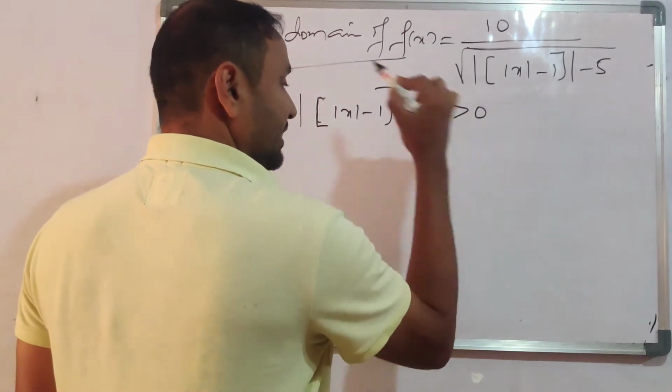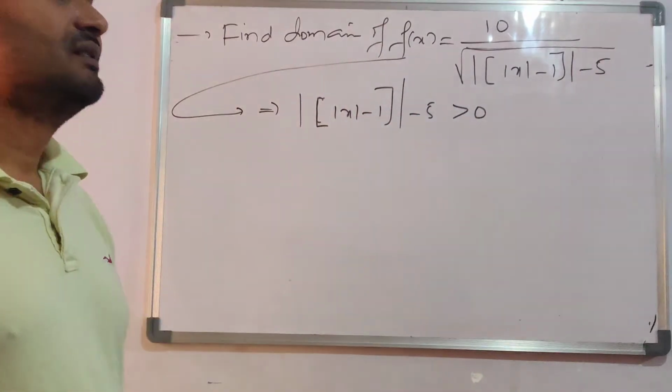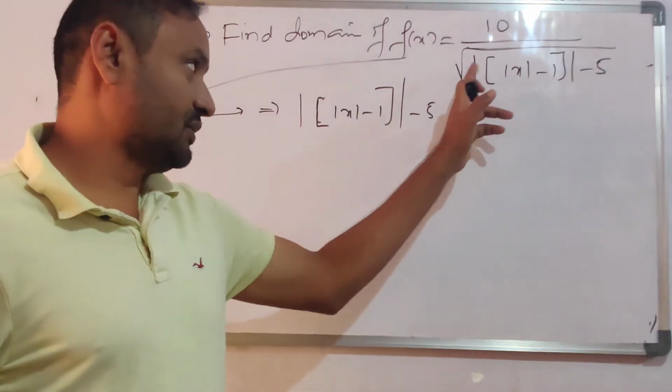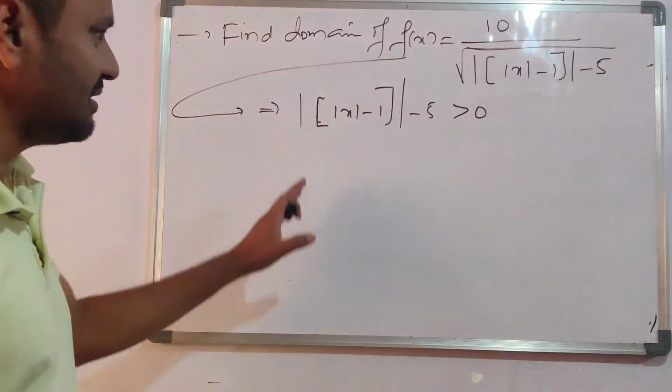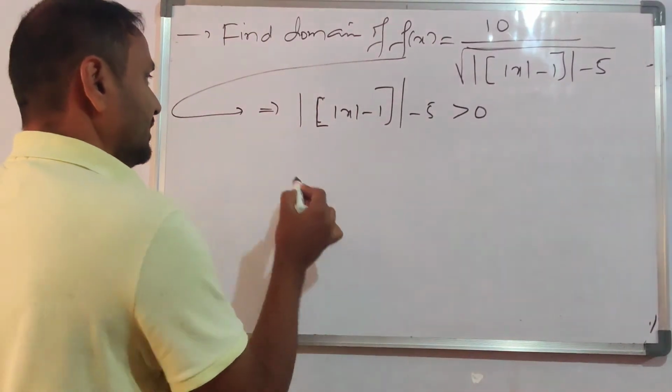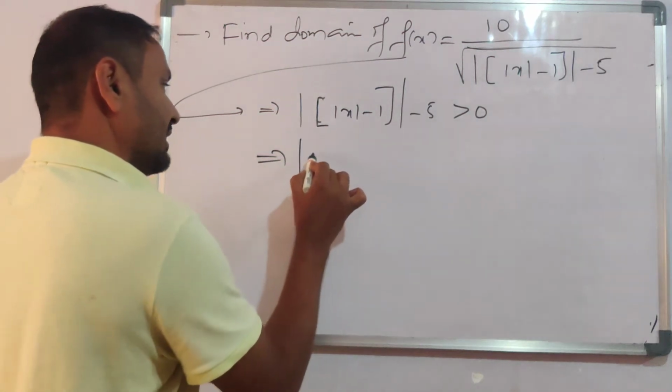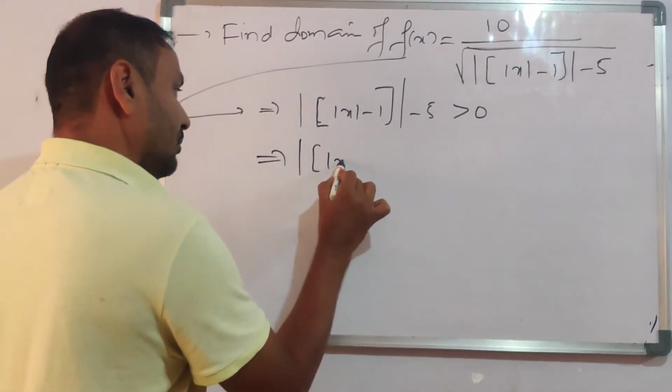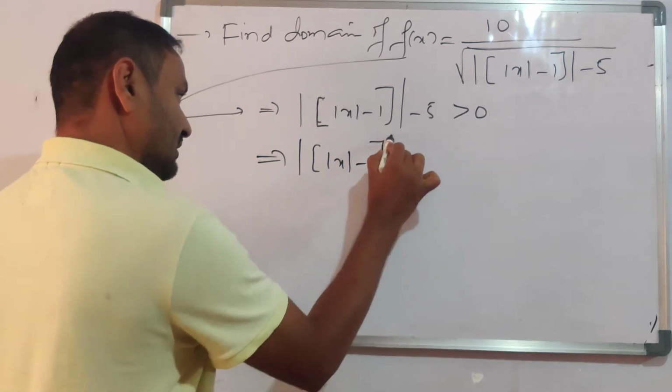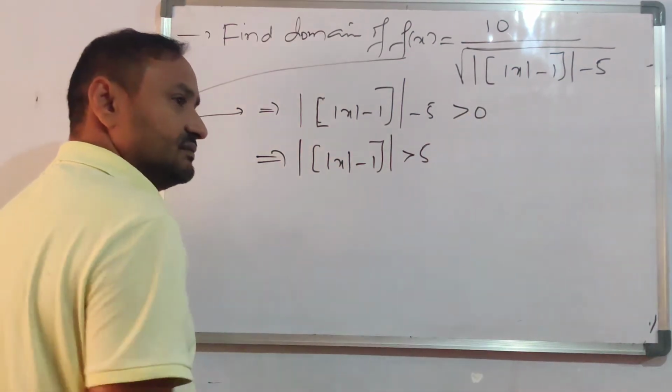It is always greater than 0, because it is in the denominator under root. It is always positive. That means modulus of step of mod x minus 1 is greater than 5.